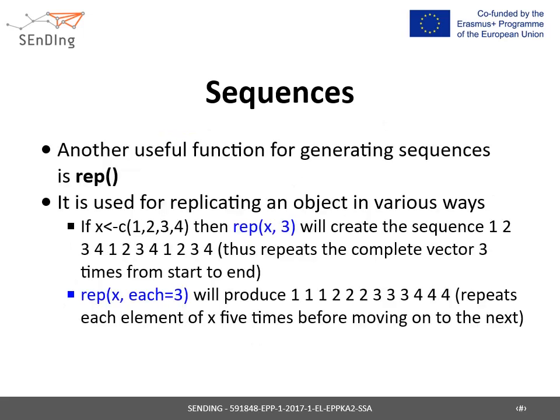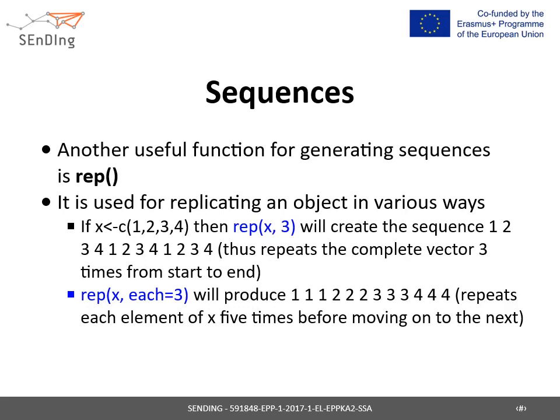Another useful function for generating sequences is rep, which is used for replicating an object in various ways. For example, assuming that x <- c(1, 2, 3, 4), then rep(x, 3) will create the sequence 1, 2, 3, 4, 1, 2, 3, 4, 1, 2, 3, and 4.